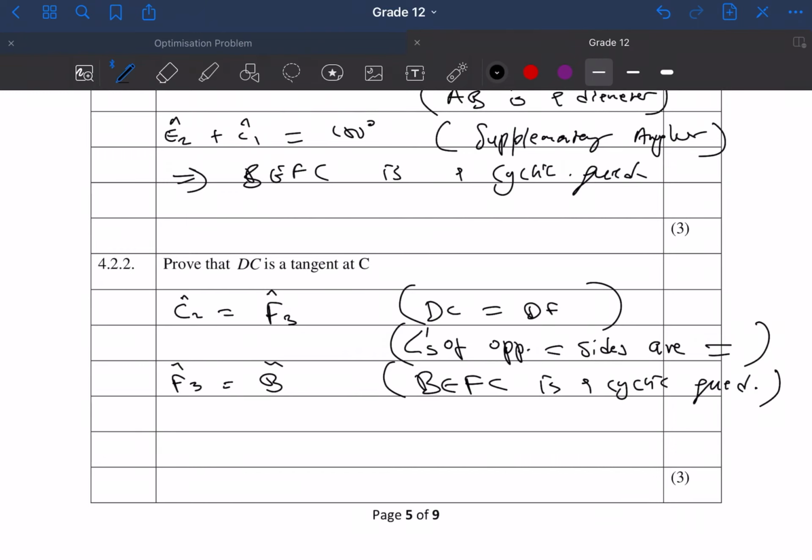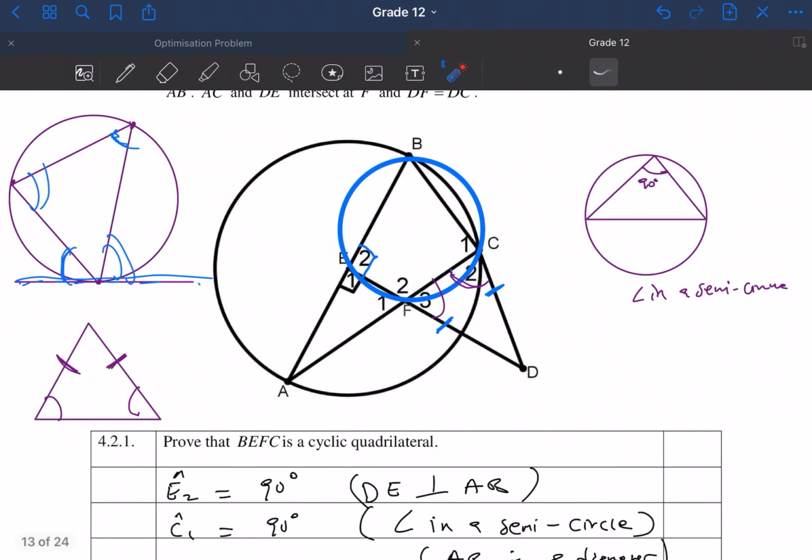Now, if C2 is equal to F3 and F3 is equal to B, therefore angle C2 is equal to angle B. That's what we wanted to prove, right?